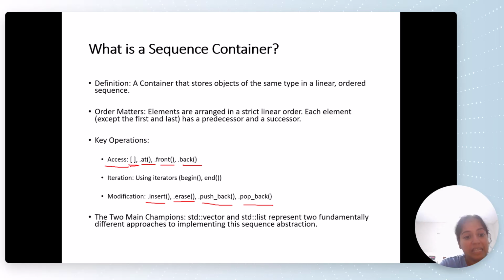Of these sequence containers, the two most commonly used are std::vector and std::list. So we'll discuss them in detail now.